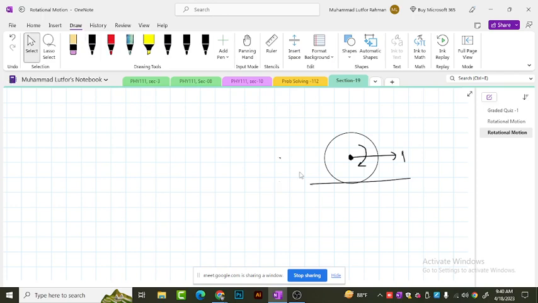Due to this 10 Newton force, this wheel is moving in the forward direction, and they give us the radius of this wheel, r, which is 0.3 meter.